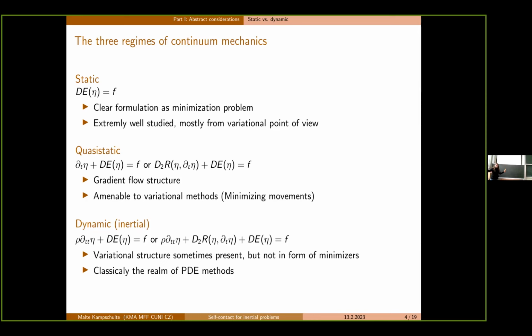You do your Galerkin approximation. You maybe make your problem a bit more specific, a bit more rigid, so that you can use some fixed point methods, depending on the game. But I kind of want to look at the general solid without throwing it away. And there it gets really complicated.